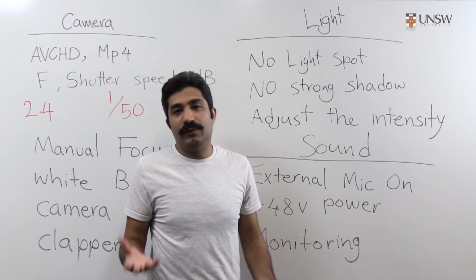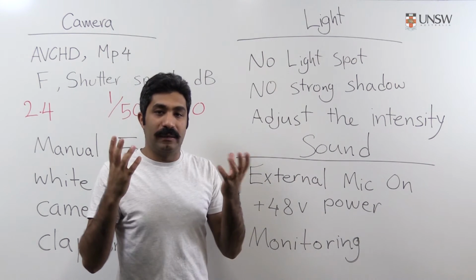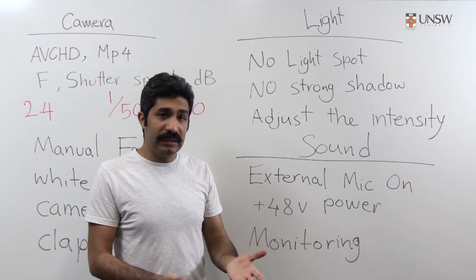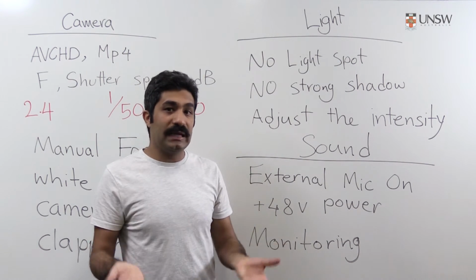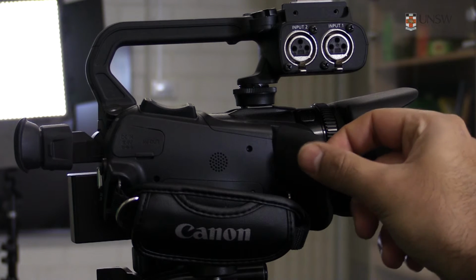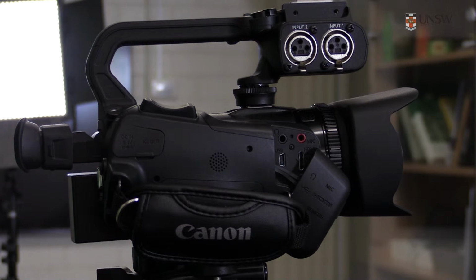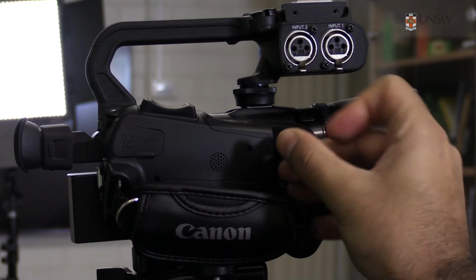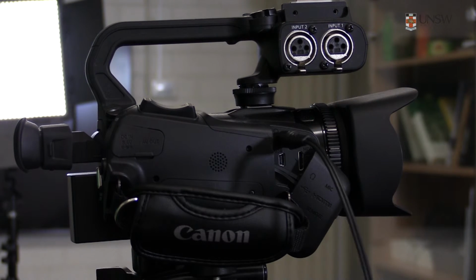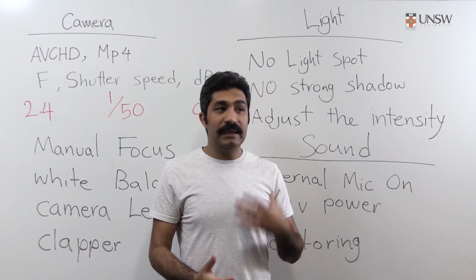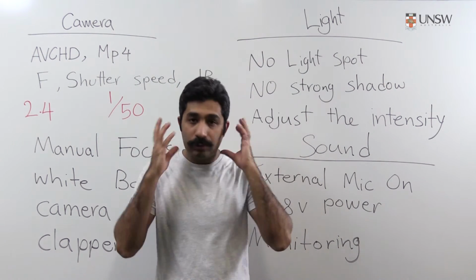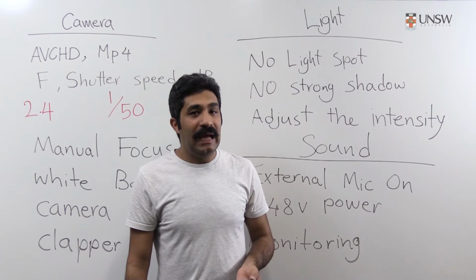The very simple way to know that is, the person who's shooting should always monitor the sound using headphones. Because if something unexpected happens to the sound, like the power goes off, or there is an annoying noise that you cannot hear with your ears but the microphone is picking up, you can hear all of that.